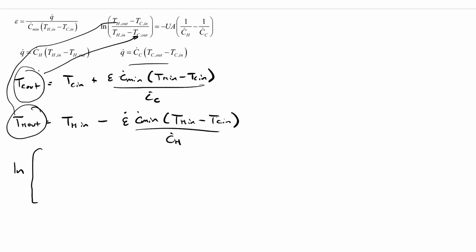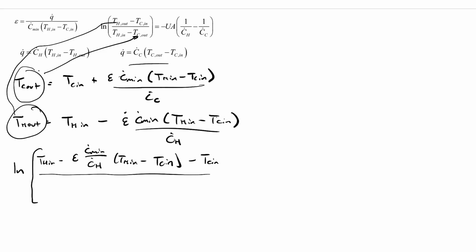So we're going to have TH in minus effectiveness, now we have C dot min over C dot H, TH in minus TC in. Okay, so that's what we substituted in, then minus TC in on the numerator, then divide that all by the TC out substitution. So that becomes TH in minus TC in minus epsilon C dot min over C dot C times TH in minus TC in.